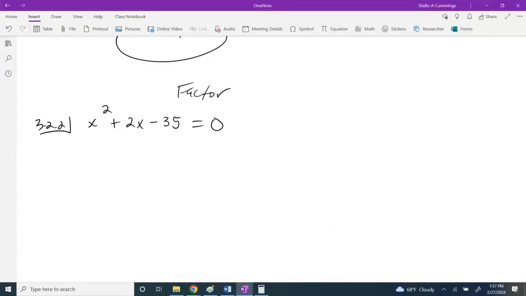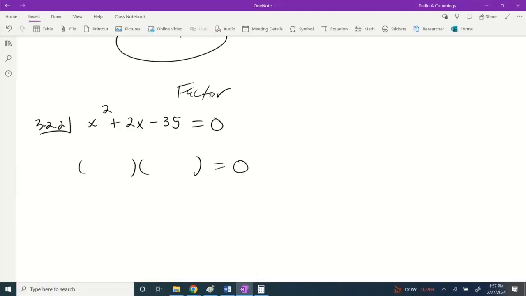Now, when you factor, the factoring and the FOIL method are opposite operations. So when I factor this trinomial, I'm first going to make 2 sets of parentheses. This is what you always want to do when you're asked to factor, especially a trinomial.